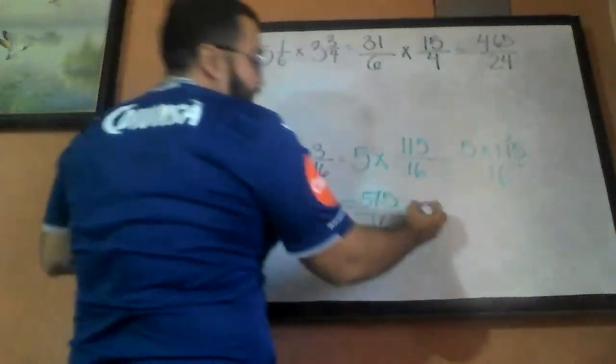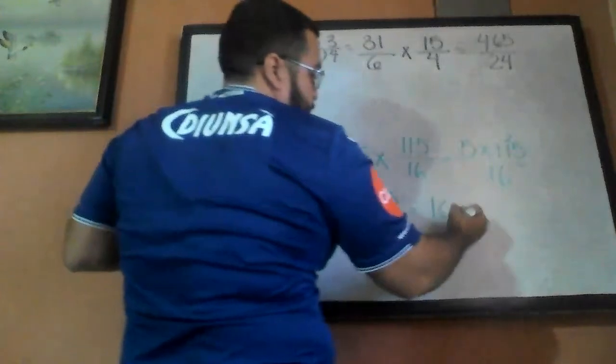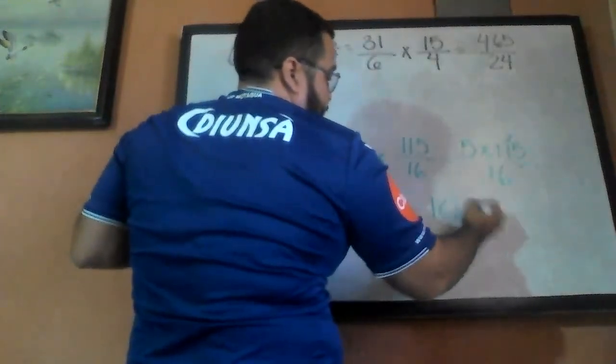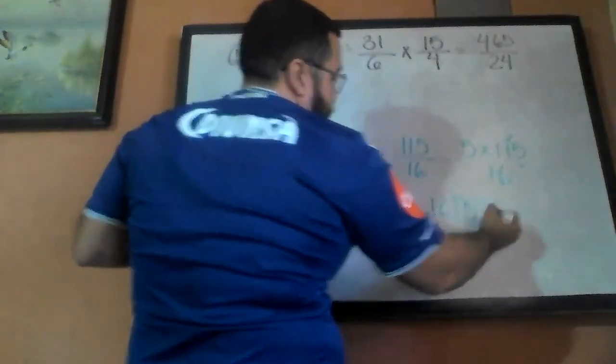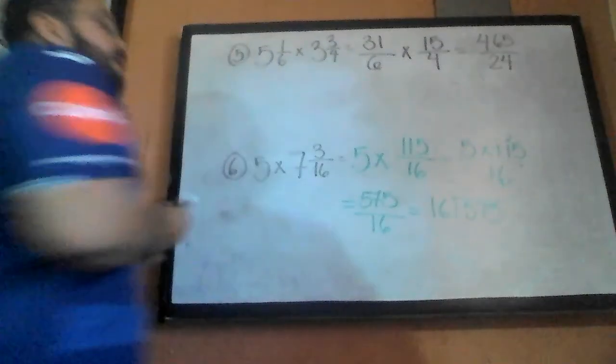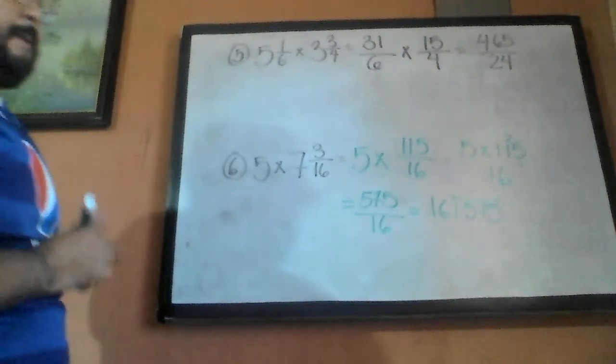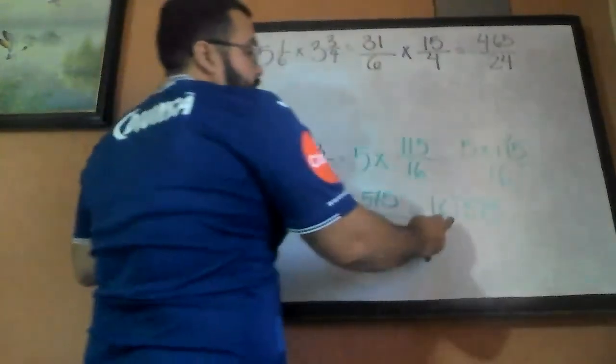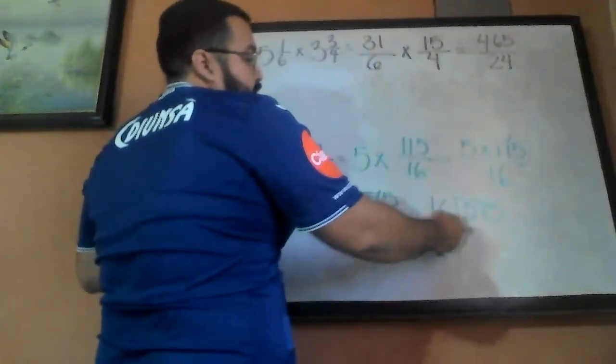Now let's divide. 575. Is there a number in the table of 16 that equals 57? Sorry, 57. If I multiply times 2, it's 32.